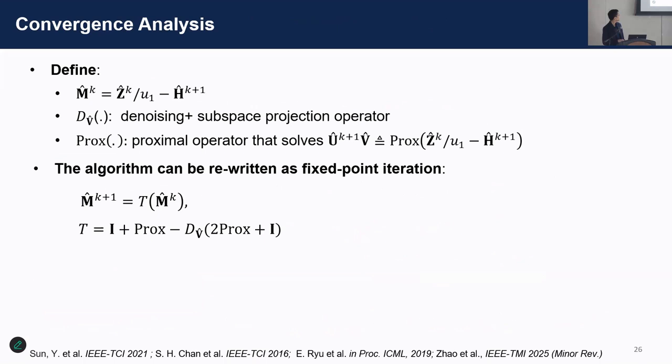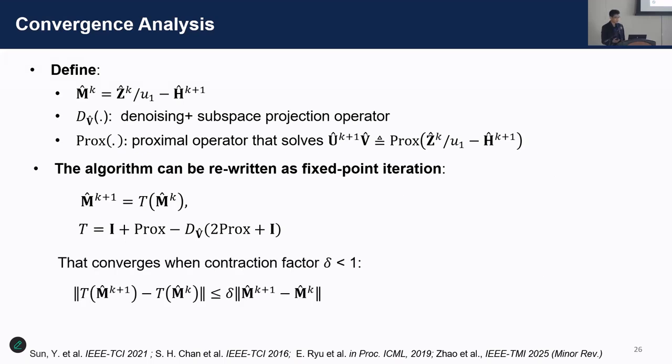It turns out that you can map this plug-and-play ADMM algorithm into a fixed point iteration. One of the key criteria for this fixed point iteration to converge is that the contraction factor for this operator T needs to be smaller than 1. But it's very hard to analytically compute what the contraction factor is for this deep network-based prior. I'm happy to discuss if you have any ideas.